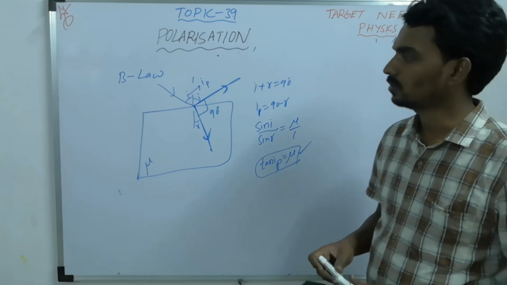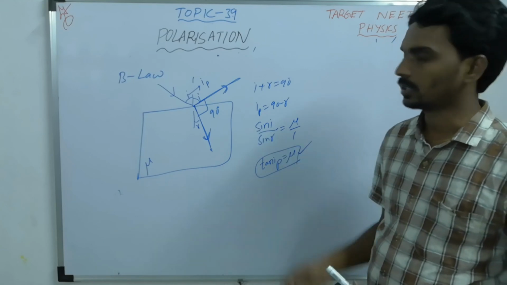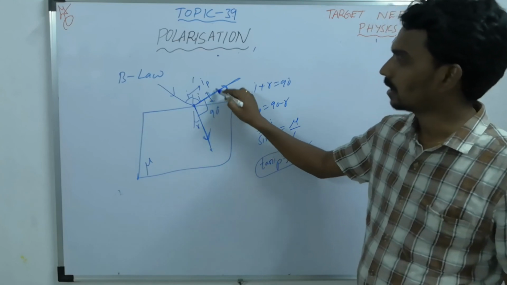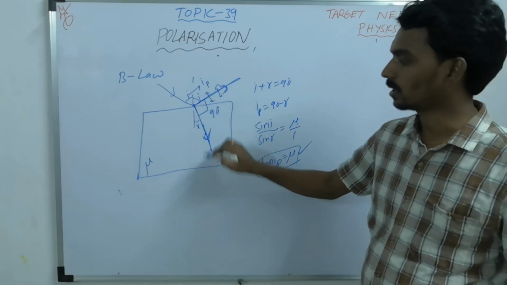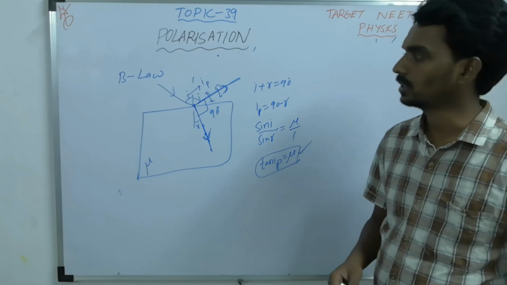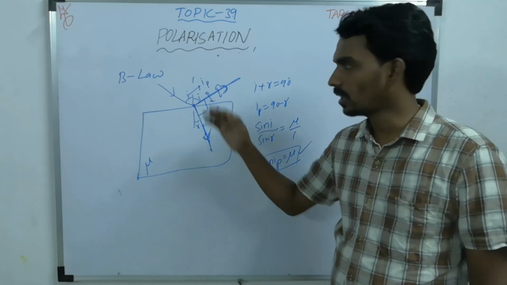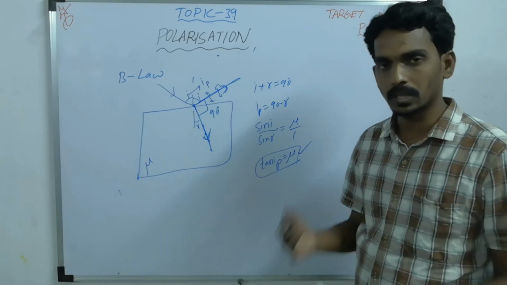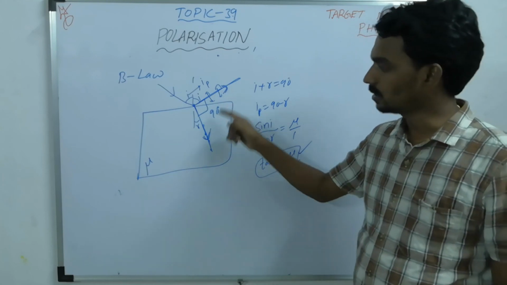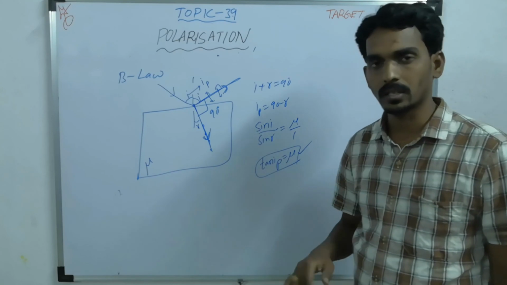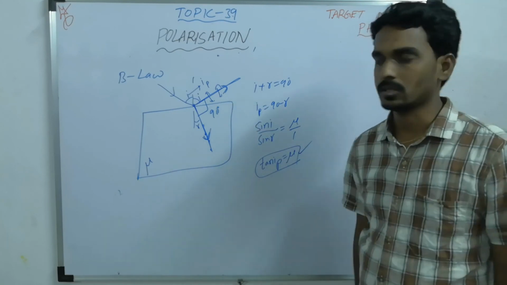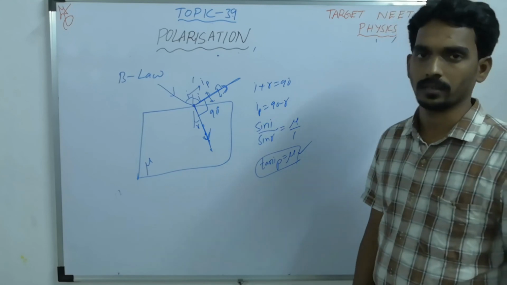So at this situation both the reflected and refracted rays are polarized lights. If you adjust the angle of incidence such that the reflected and refracted rays become perpendicular, then these two rays become polarized, and such a condition is called Brewster's angle.